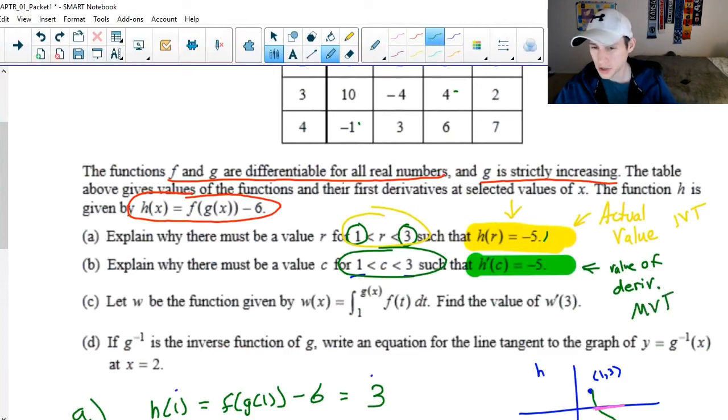Mean value theorem if you're trying to find the value of the derivative. Intermediate value theorem if you're trying to find the value of the actual original function. All right, I hope that makes sense. Mean value theorem for finding the value of a derivative between two things. Intermediate value theorem for finding the actual value of a function that's between two things.